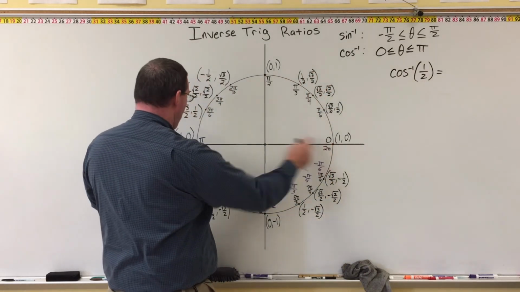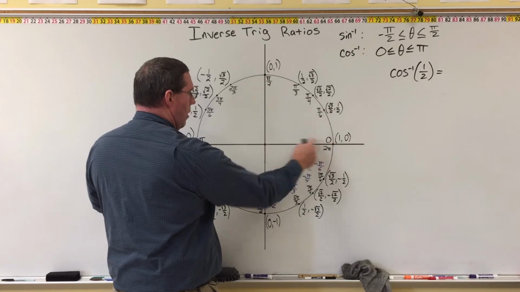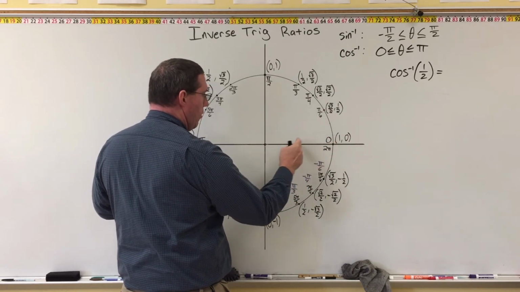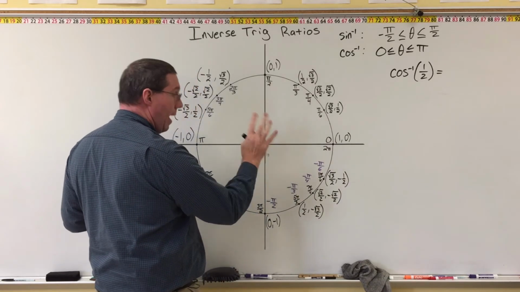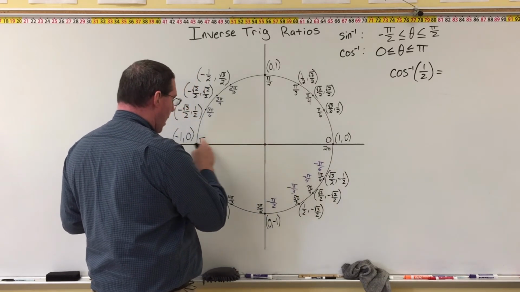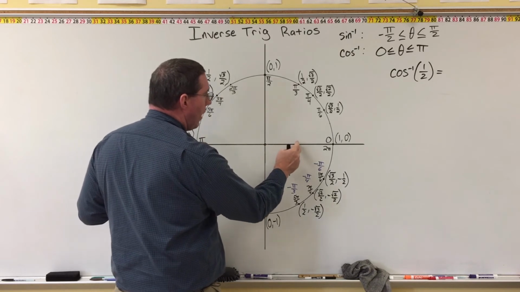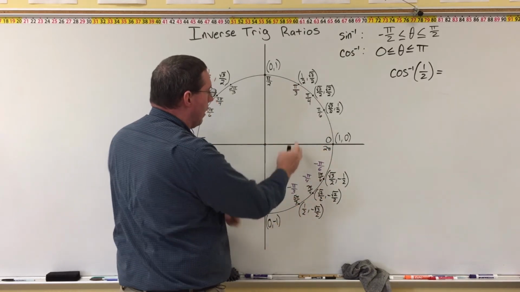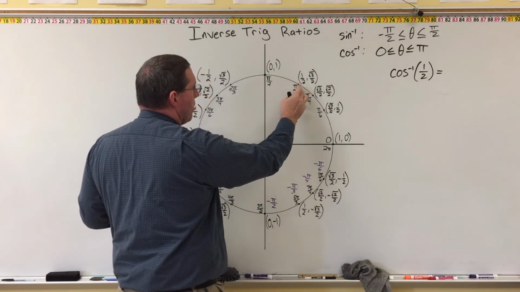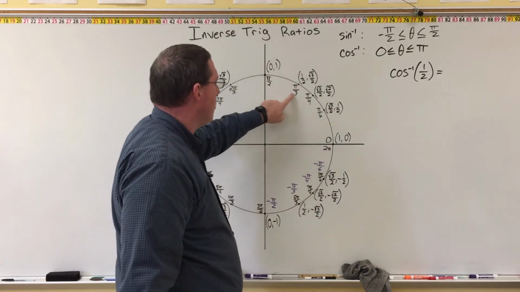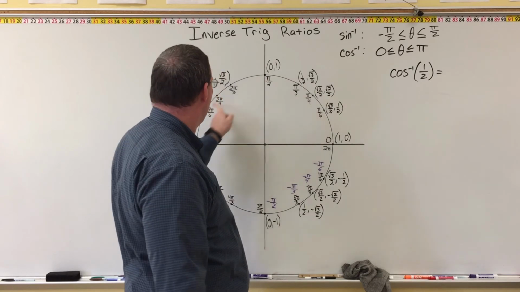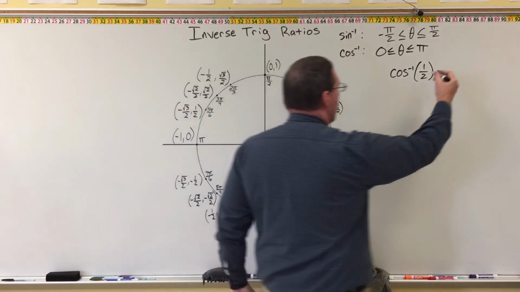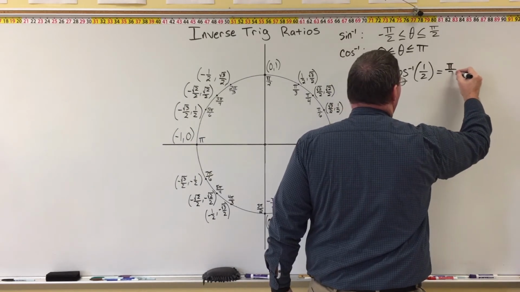Here, in terms of coordinates, this is 1, this is 1/2, this is 0, negative 1/2. Well, 1/2 is here, and since we're only going to go to the upper half, we ignore the bottom. We go up, and we see that pi over 3 is the correct answer. That is the only angle measure between here and here that has an x coordinate of 1/2. So the answer is pi over 3.